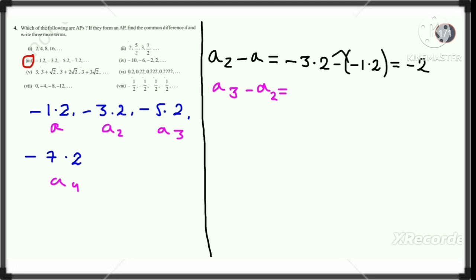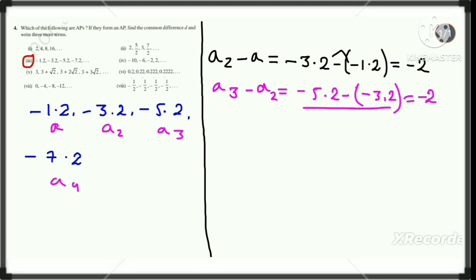Now the difference between A3 and A2. A3 equals minus 5.2 and A2 equals minus 3.2, and after solving these two we again obtain minus 2.